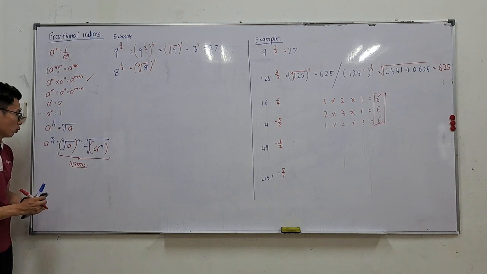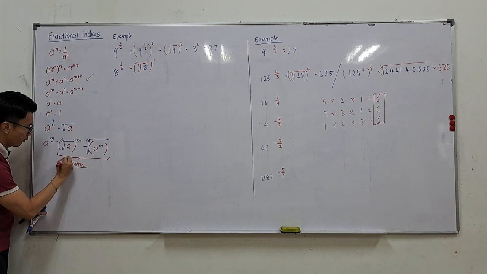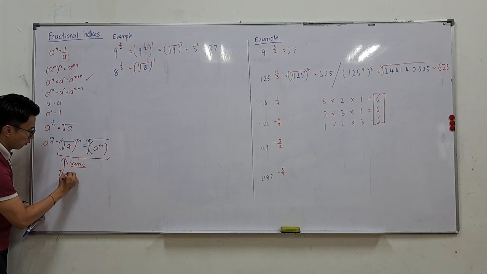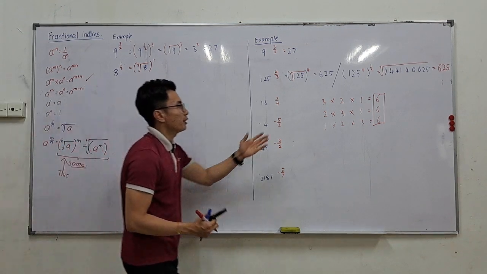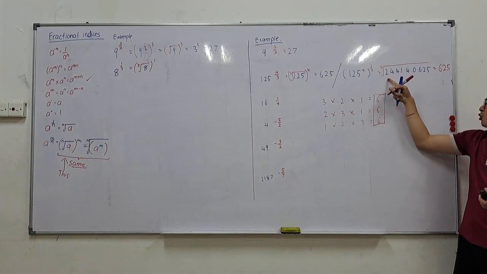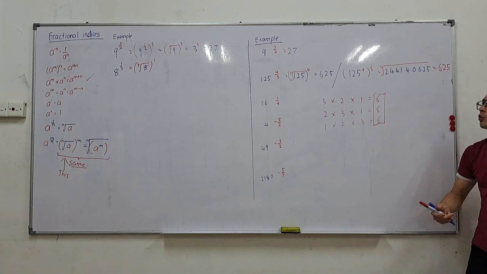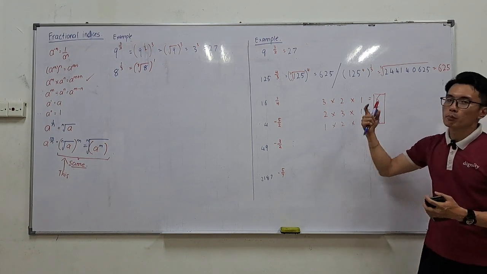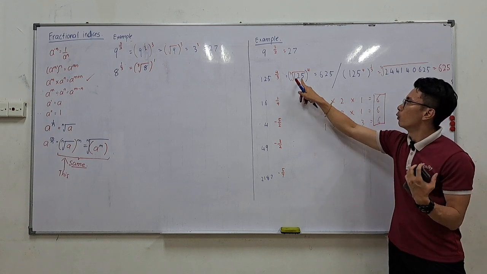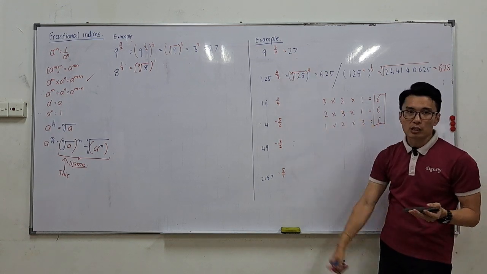But what I prefer over here will be this one. I will prefer this method over here. Why? You can see the difference over here. If you were to take it to a power first, you will usually get a very big number. I do not like my numbers to be big because it's very prone to error. So instead, I would like to make my number nice and small, and then I will only raise it to the power of any number that is stated in the question.